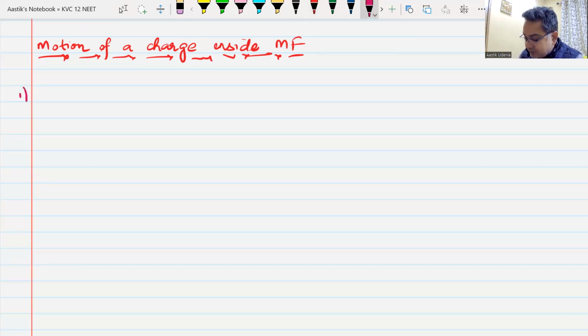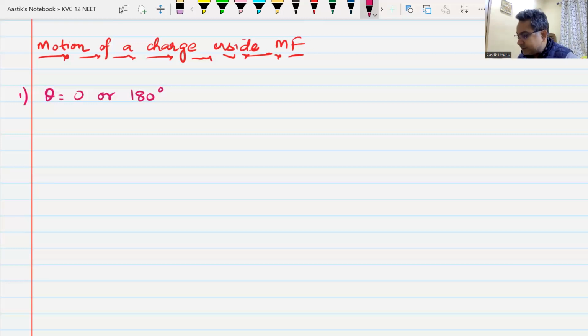Case number 1, if theta is 0 or 180 degrees. When I say theta is 0 or 180 degrees, what I mean is the magnetic field and the velocity are both parallel to each other or anti-parallel, opposite of each other.